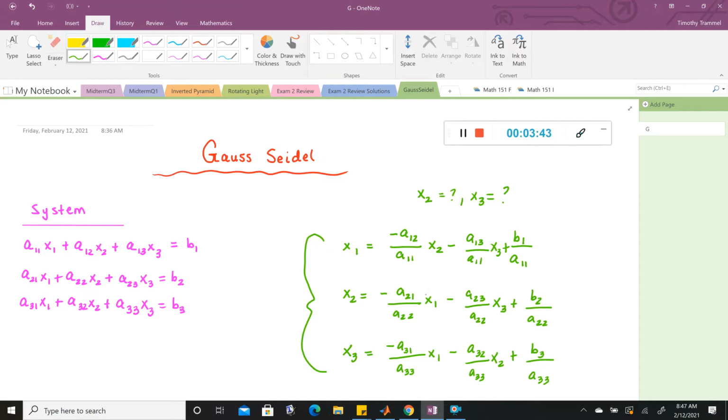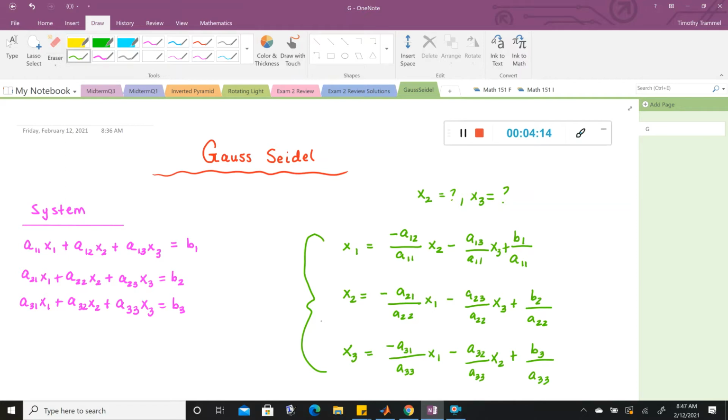Then we have an estimate for x1 and x3, and so we make a new estimate for x2. Again, we have a new estimate for x1 and x2, and so we use that to find a new estimate of x3. Then we just repeat the process, coming back to x1 using our updated x2 and x3. We keep doing this over and over, and in some situations it converges on the answer.